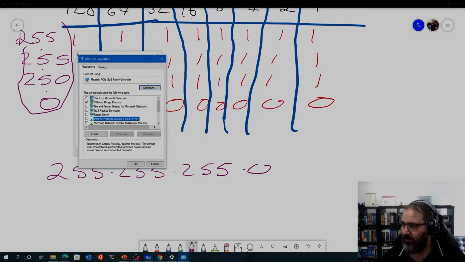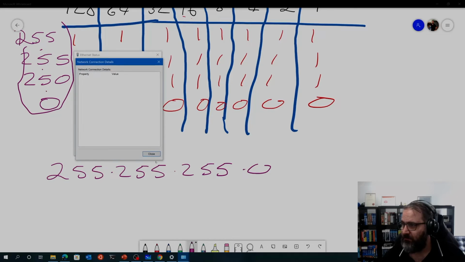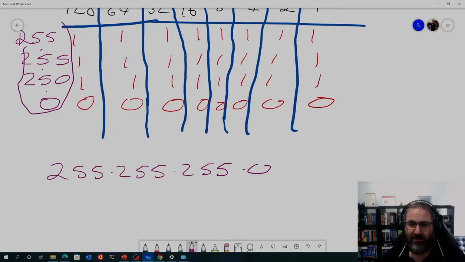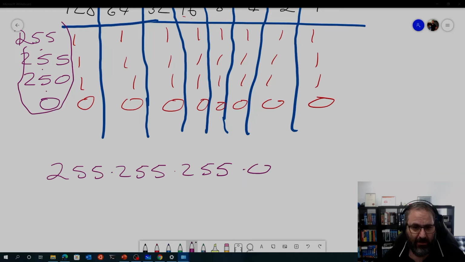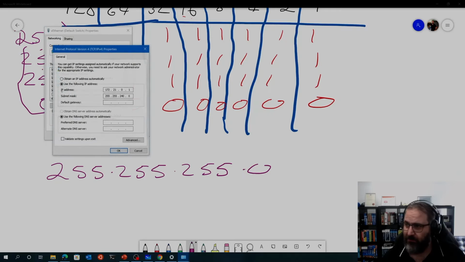Double click protocols. Oh, okay. Details. You know what? I've got some virtual machines running, so I think they're taking over my IP addressing. Yeah, that's what's happening. All right, it's not a great example because not exactly what we're looking for, but you'll notice we've got a subnet mask here.